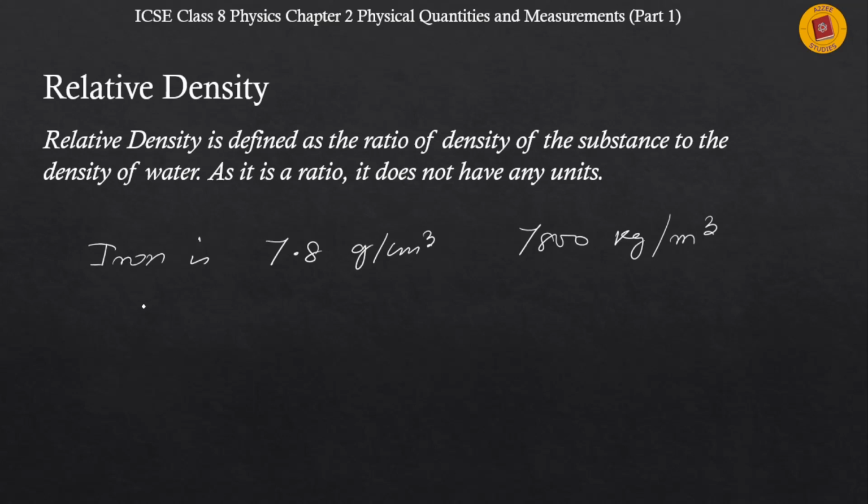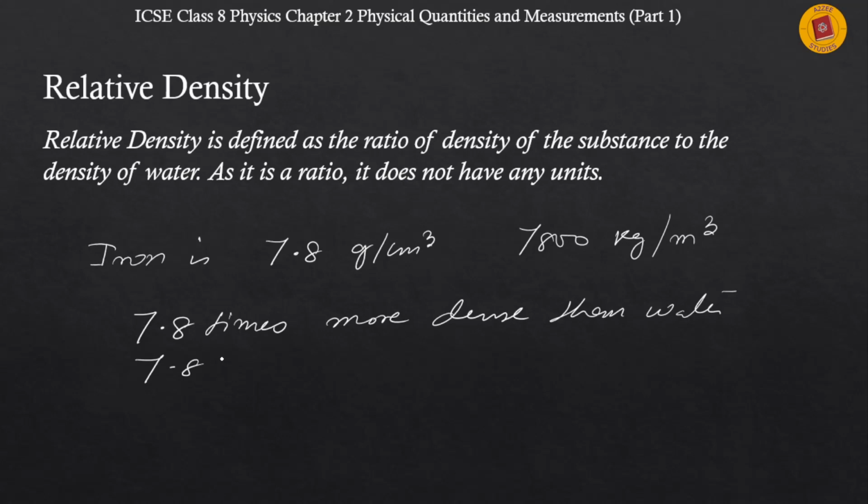But if I tell you that iron is 7.8 times more dense than water, or 7.8 times heavier than water, then you will have that idea. Oh, okay. We all have the sense of the density of water.